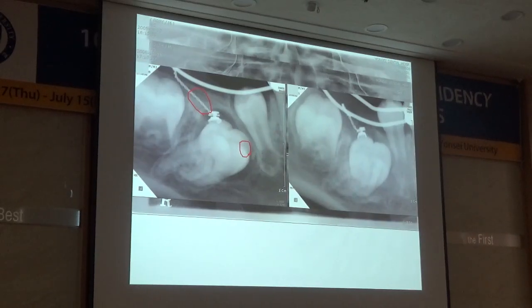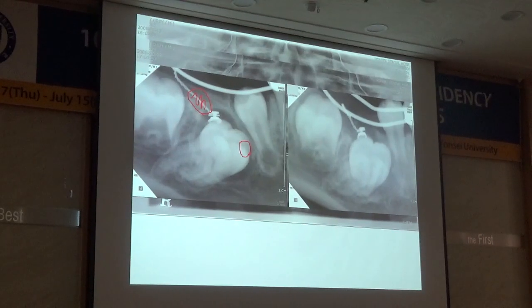The bone tissue grew around the wire like this. That means even though we apply the orthodontic force, the bone is engaged inside the wire.